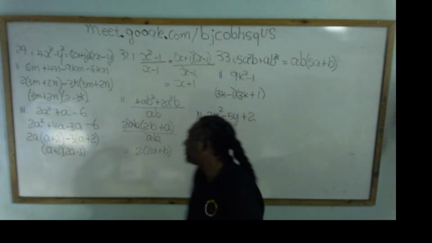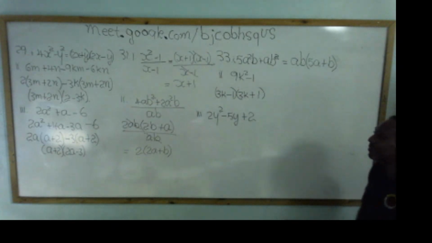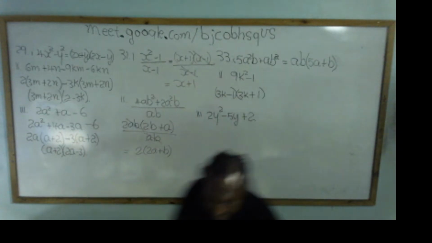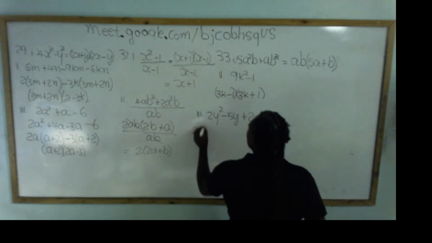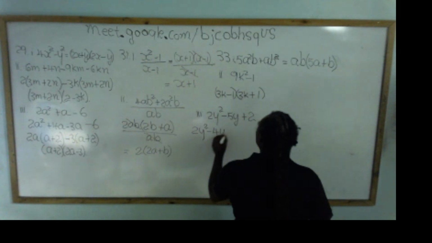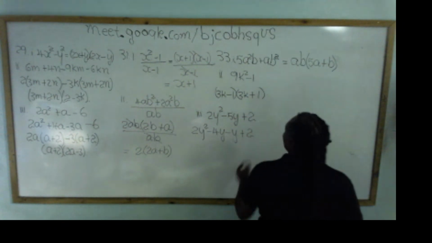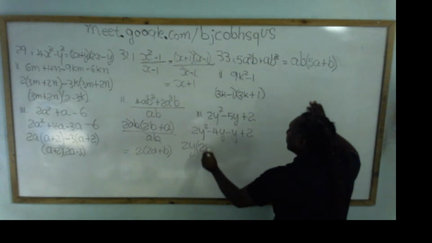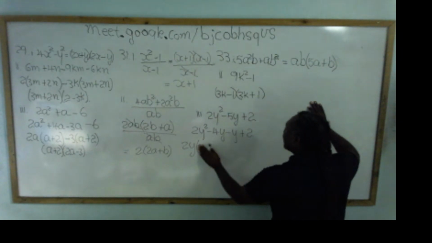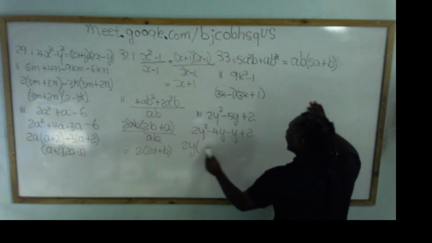Exactly. When the sum is greater than the product, one of the numbers is 1. So 2y is common there. 2 into 2, they will cancel, and y into y squared is y. 2 into 4 is 2, and the y's will cancel.